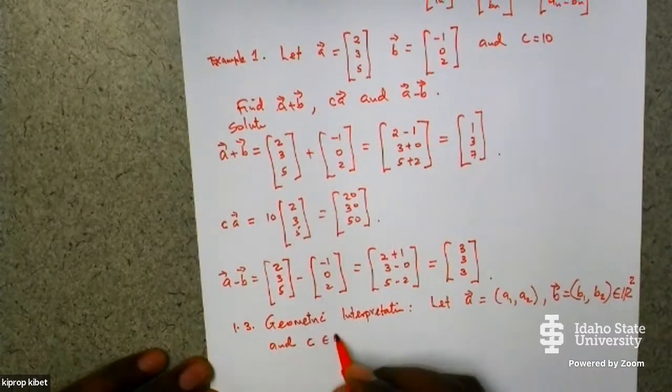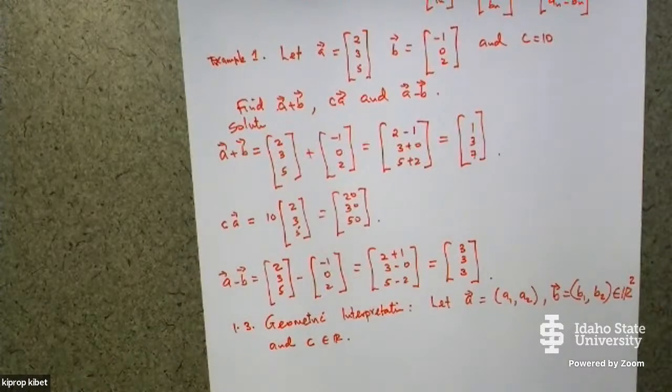And C is an element of the real numbers, and C is a scalar. Then how can we interpret this?